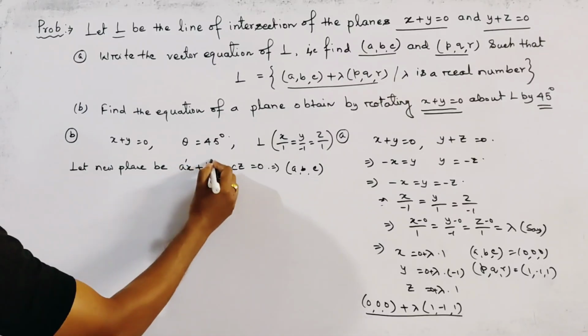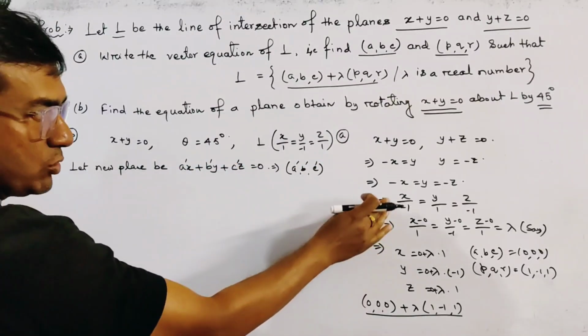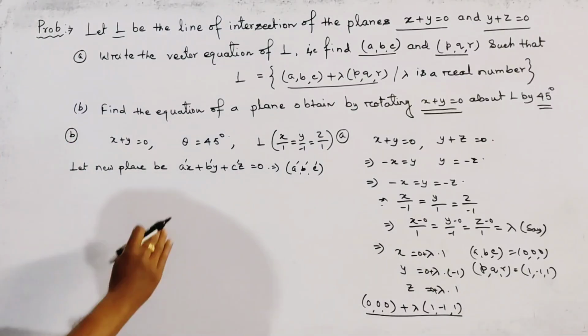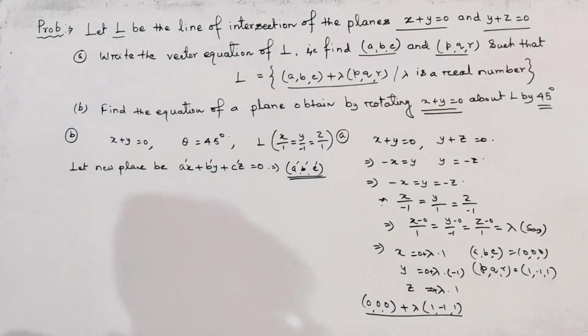If we take this as a', b', c', and we take here a', b', c', because abc is already used here. Now this is the plane, and the normal of the plane is a', b', c'.